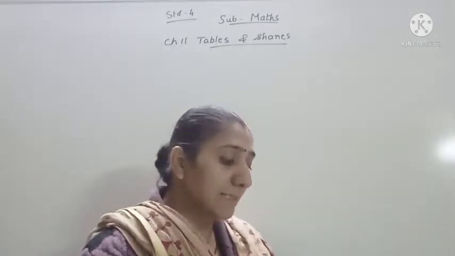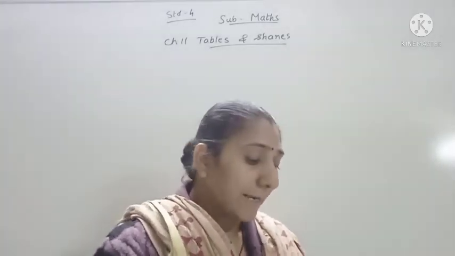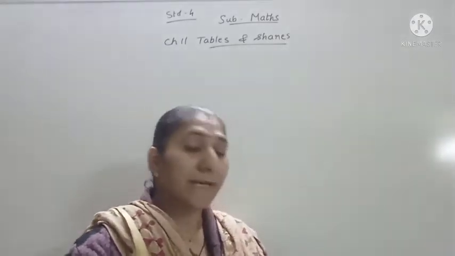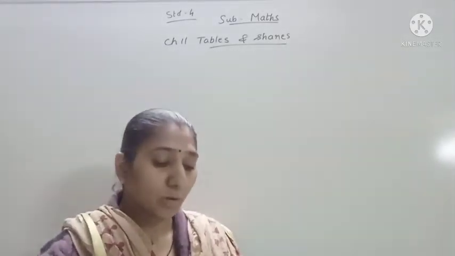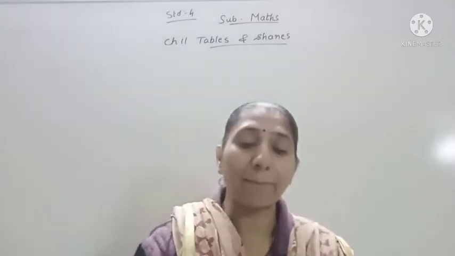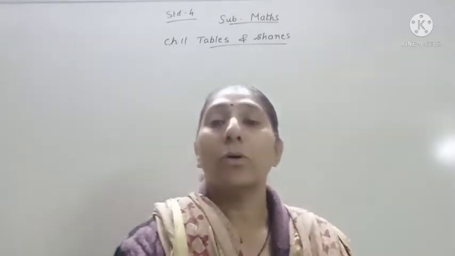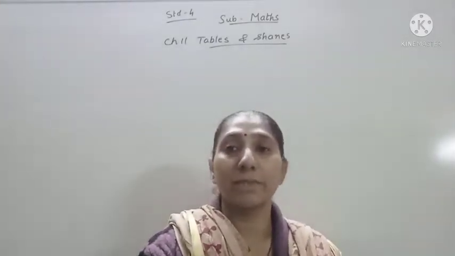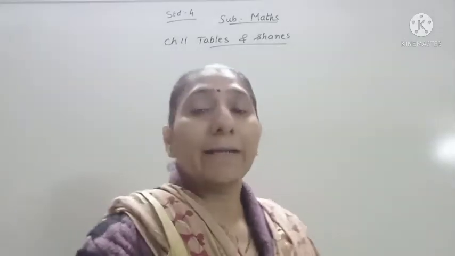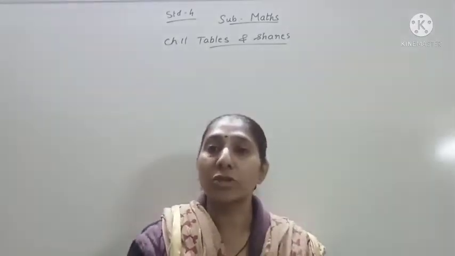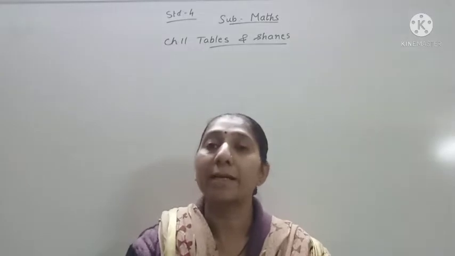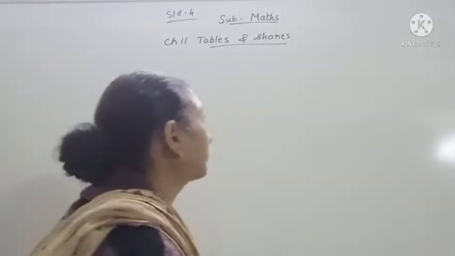See how the roses are planted. 18 is equal to 6 multiplied by 3. So there are 6 rows with 3 plants each. Now how has she planted the roses? She has made 6 rows.